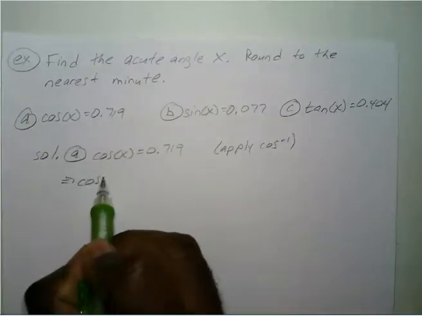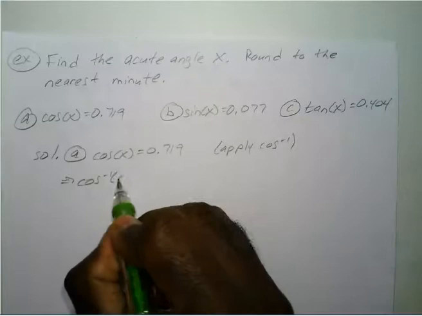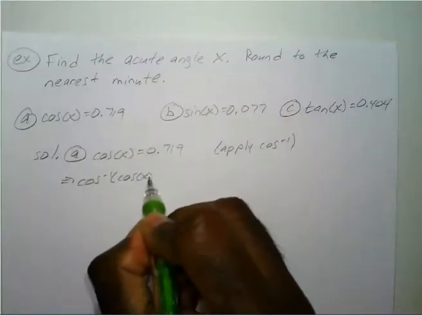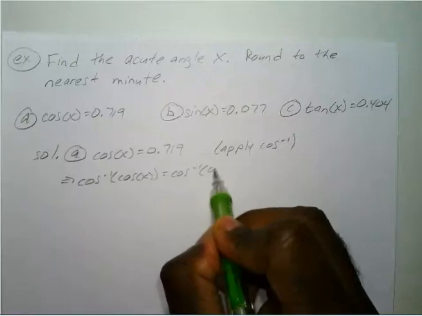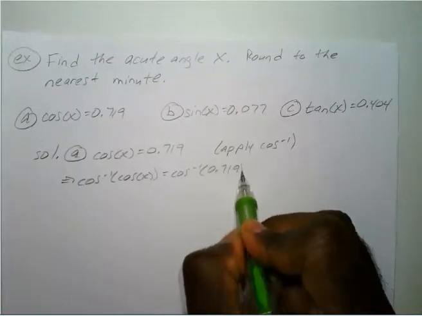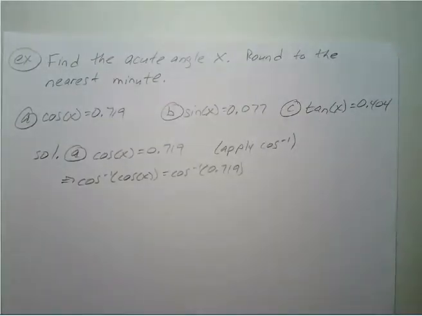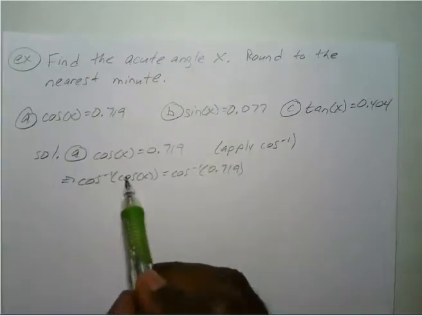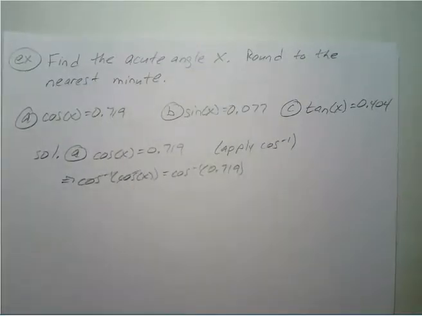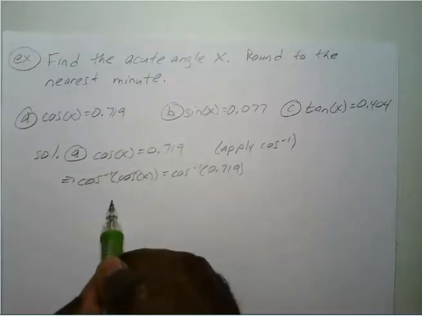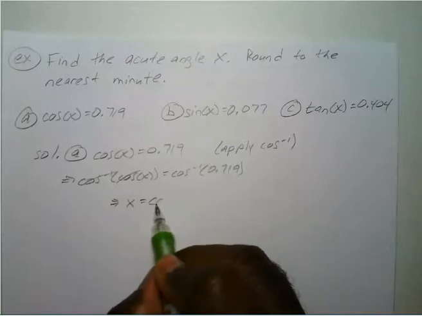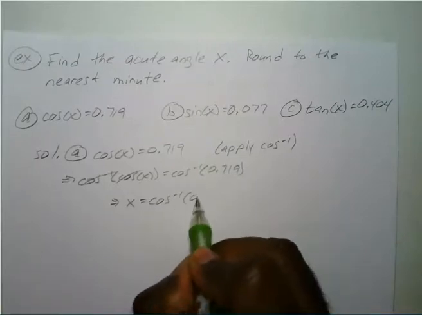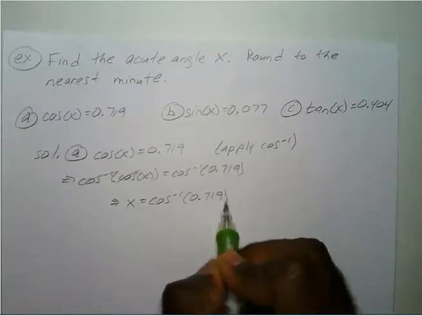That gives us cosine inverse of cosine of x equals cosine inverse of 0.719. Cosine inverse and cosine cancel each other out. So you're left with just x equals cosine inverse of 0.719.